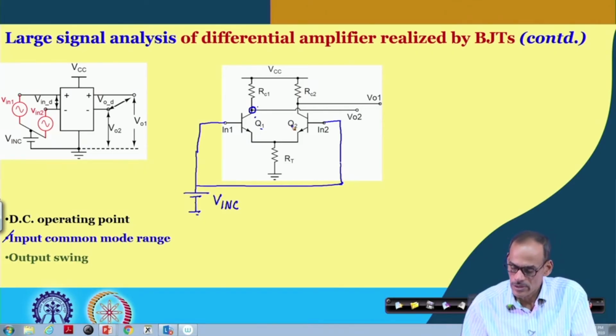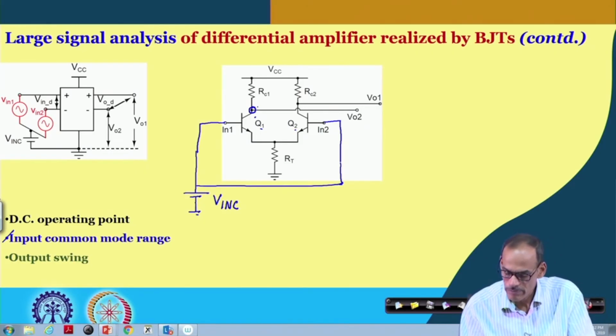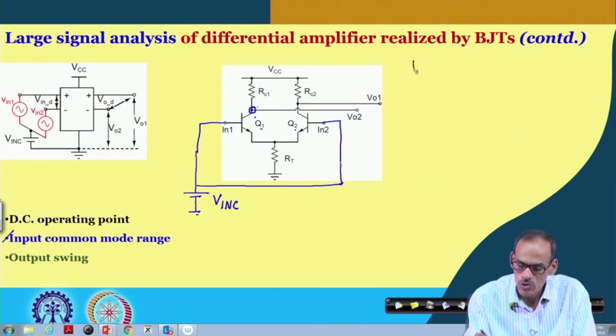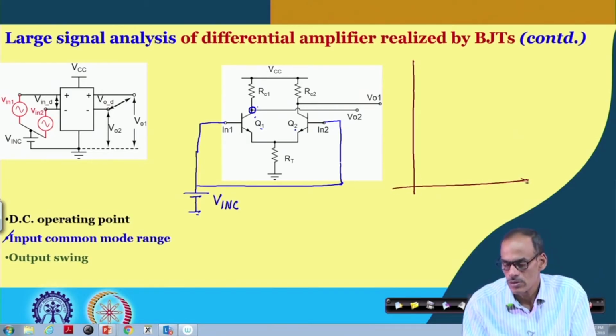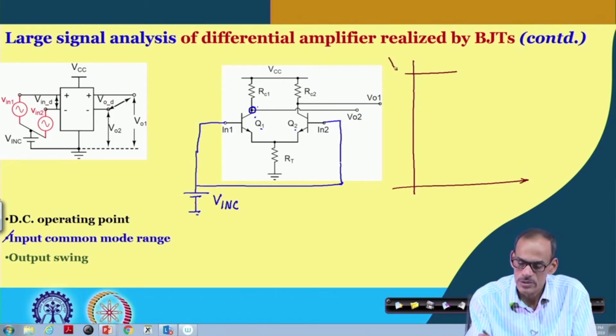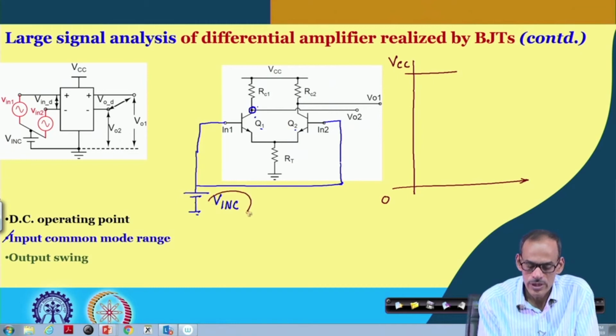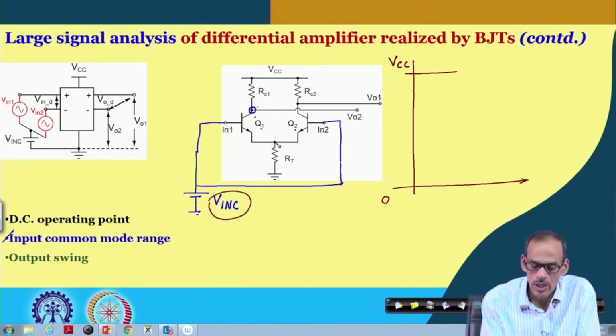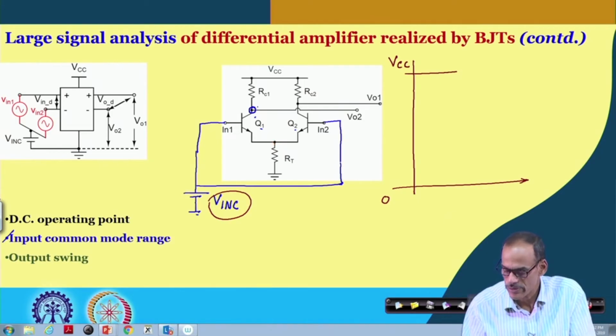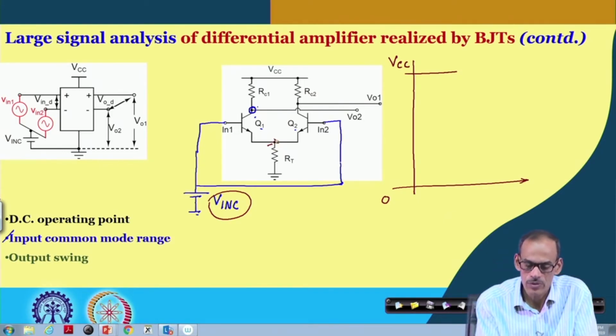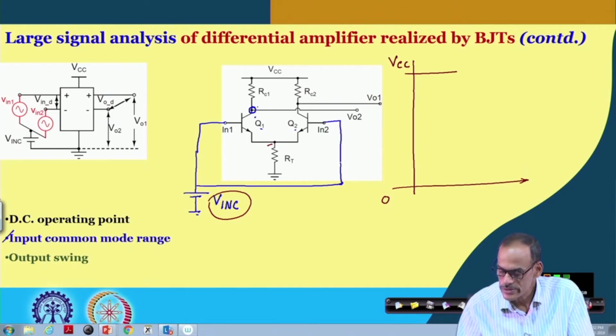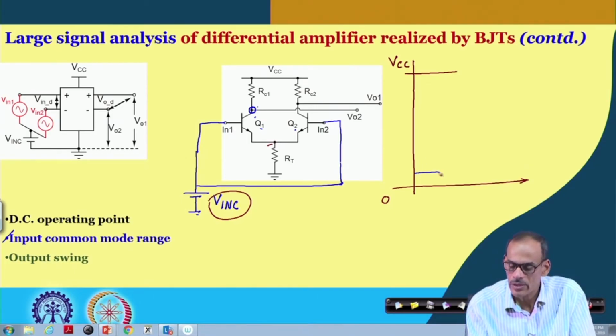So, if you see the range pictorially, suppose we have the total voltage range. This is VCC and this is ground, and suppose this input common mode voltage should be higher than 0.6 or VB1, so that at least we will be getting a meaningful voltage here. So, Vinc should be higher than say 0.6 and above.